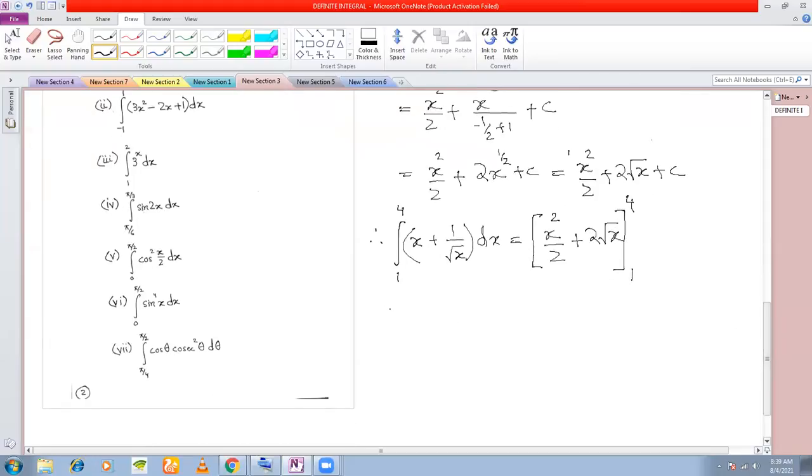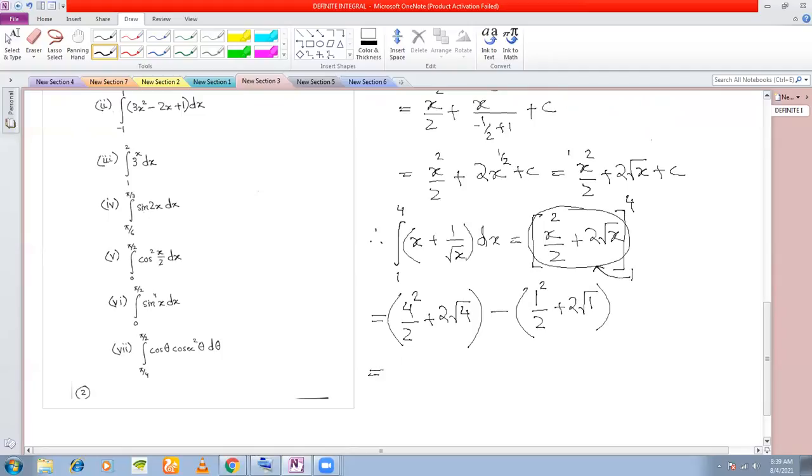How do you evaluate this? Put 4 first in the entire function: 4 square by 2 plus 2 root 4. After the upper limit you put a minus sign and then put the lower limit: 1 square by 2 plus 2 root 1.